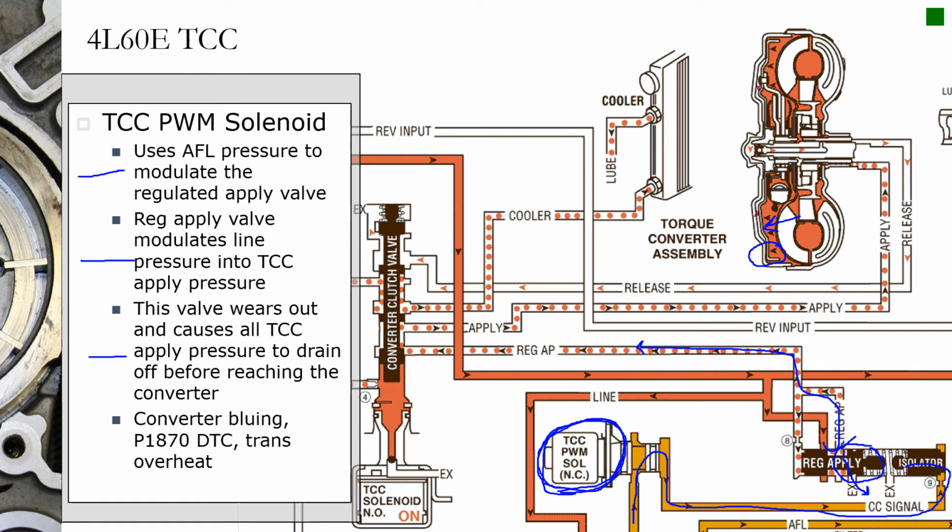So instead of having that 100 psi or whatever it may be in there, it might have 10 psi, and that's just not enough to apply a converter piston, and you'll slip it, causing the converter to overheat and turn blue. You'll create a code, a 1870. On the later model ones, I'm going off of memory, but I think it's a 742, and you might overheat your transmission. So bad news all around.